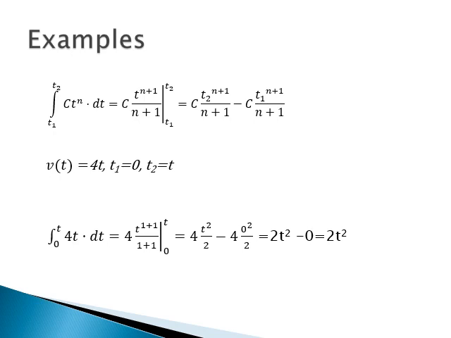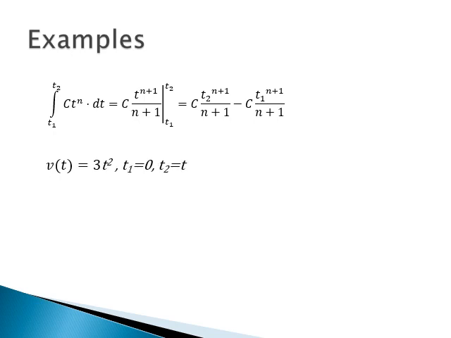Okay, let's do a slightly harder one then. Here our velocity is 3t squared. So what is the displacement over the time interval from 0 to t if that is our velocity function? Go ahead and stop the video now and then start it back up once you have your answer.